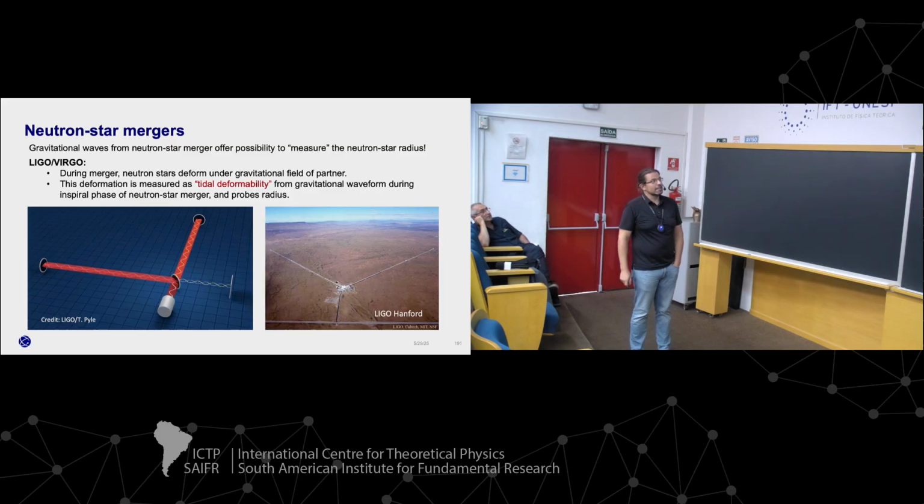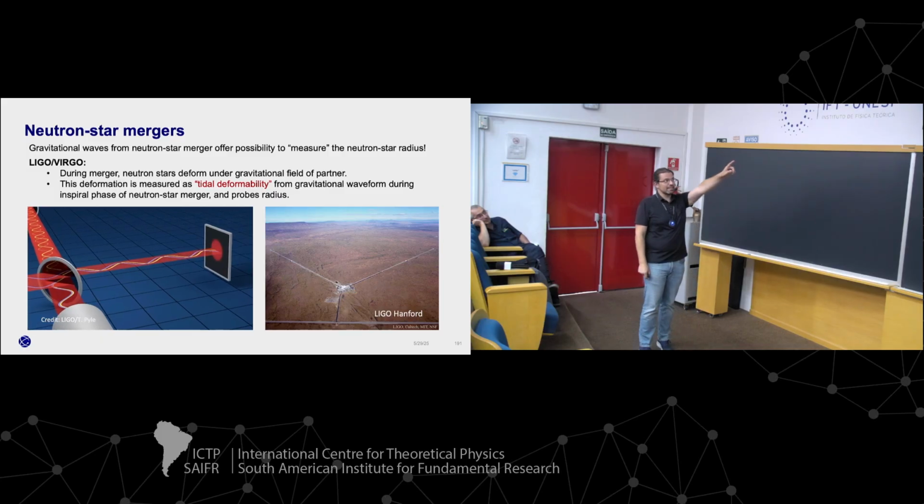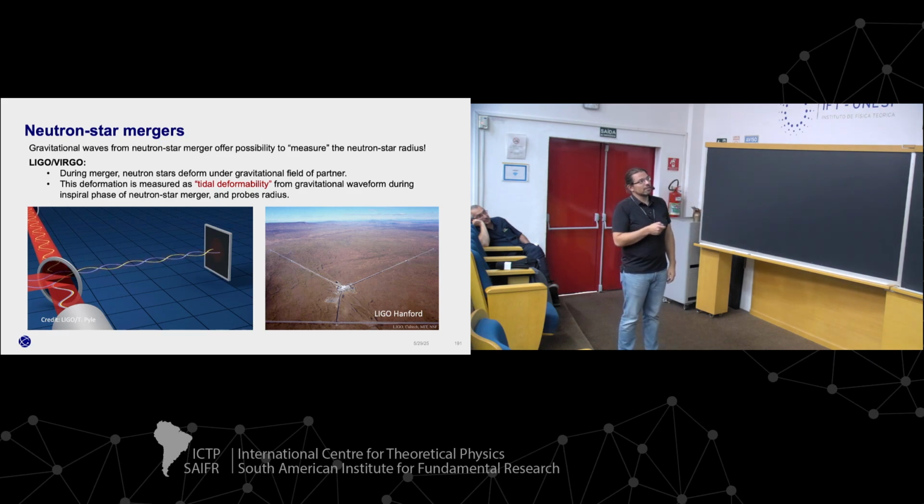And so LIGO does exactly this. The gravitational wave passes through Earth. We have this interferometer, right? And then once the gravitational wave goes through, you basically move the arm length in the LIGO interferometer, and you see a changing interference pattern on your detector. And obviously, this is exaggerated. It doesn't look like this, but it's the same idea, right? You change your arm length, you see a change in time.